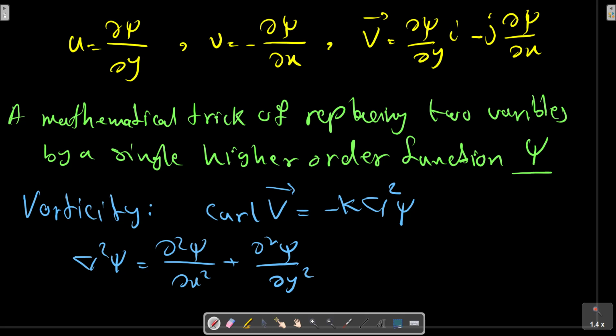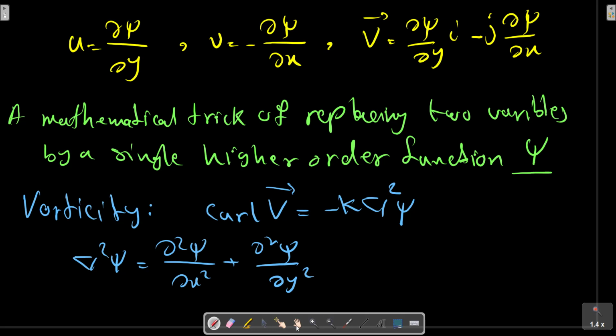Thus, if we take the curl of the momentum equation and utilize the equation of psi, we obtain a single equation for psi for incompressible flow related to the momentum equation.